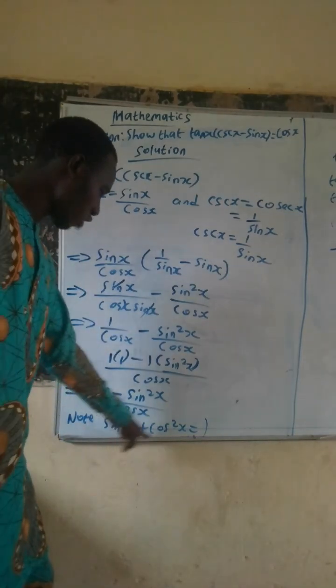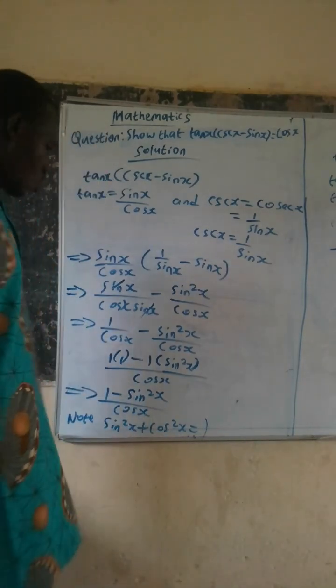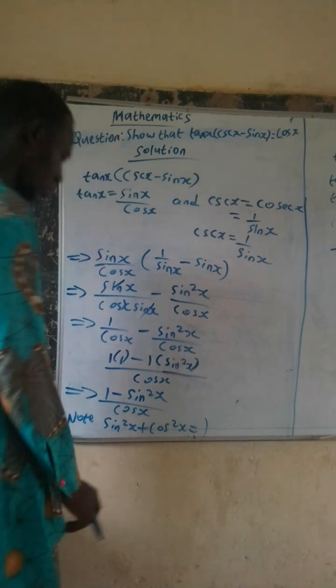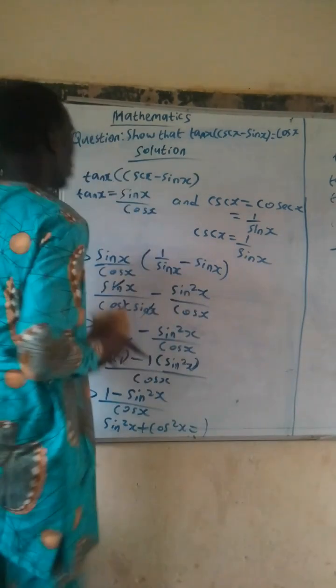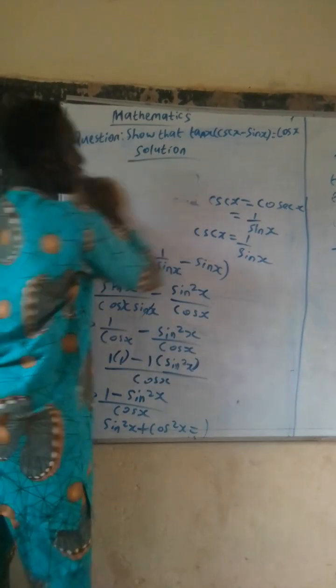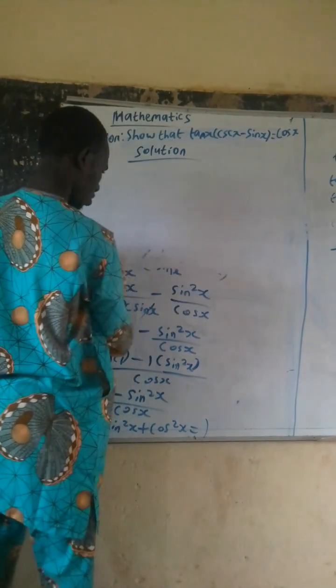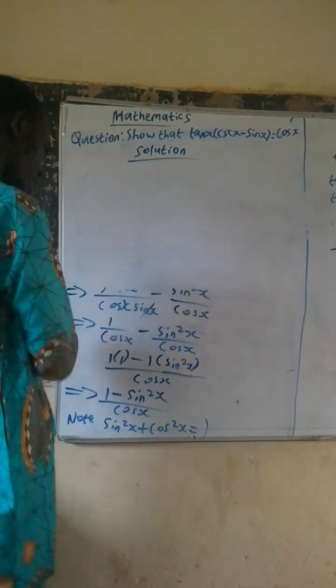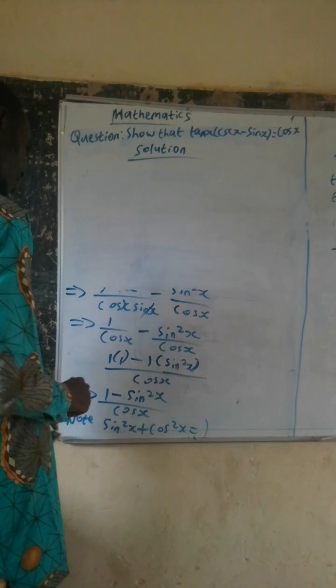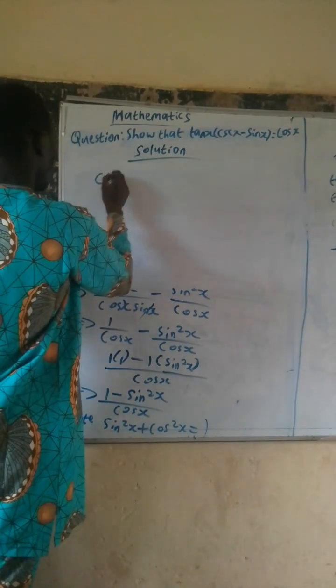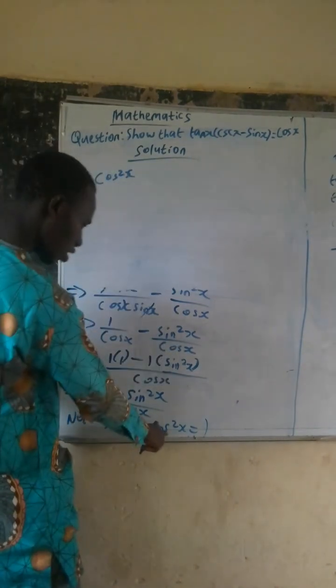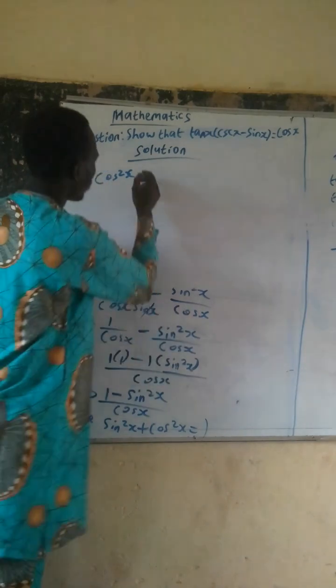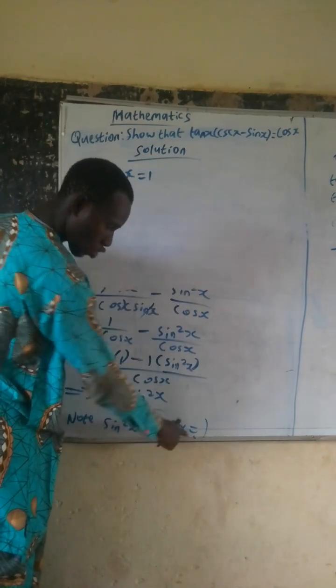Sine square x plus cos square x equals 1. So what does that imply now? It implies that cos square x is equal to 1 minus sine square x.